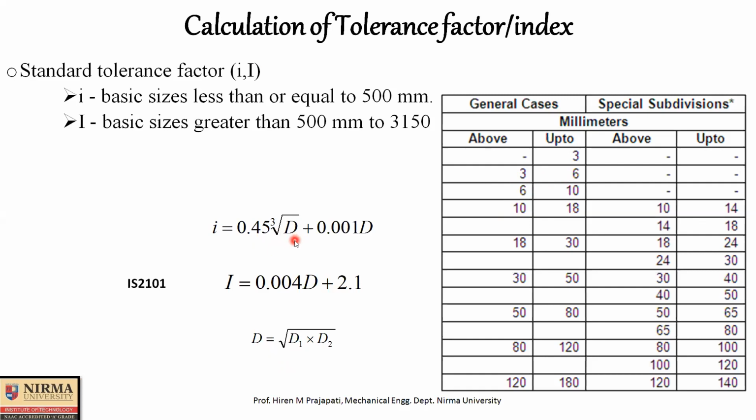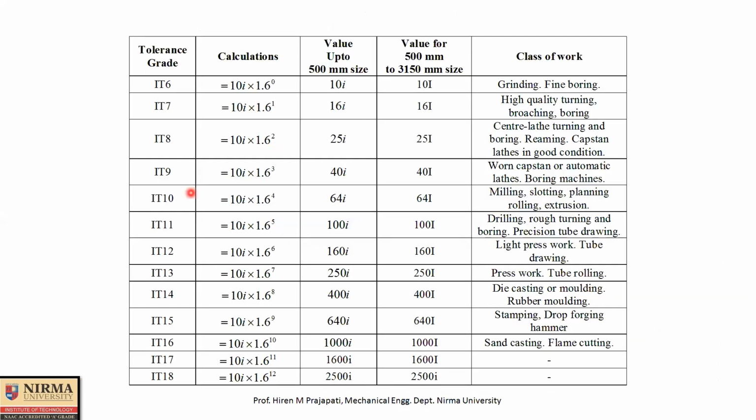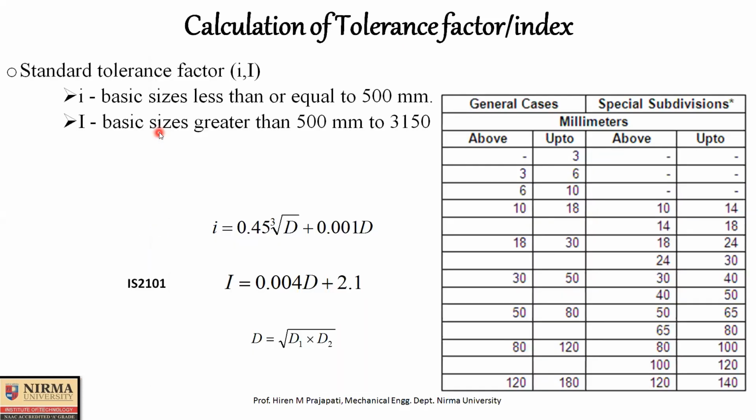Now use this small i in the tolerance grade equation: 25 times i will give you the value of IT8 grade. I hope this process is clear. Similarly, suppose the basic size is 60 mm, which is in the range of 50 to 80 as per the general case.